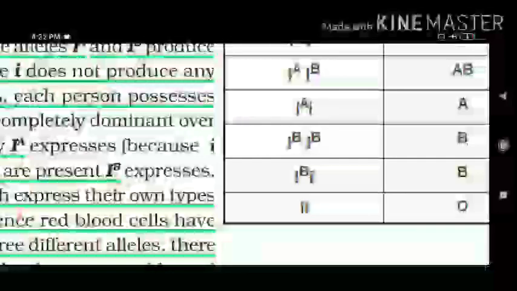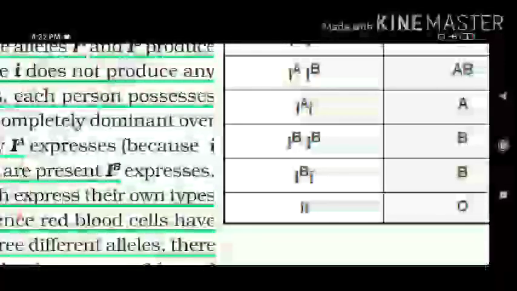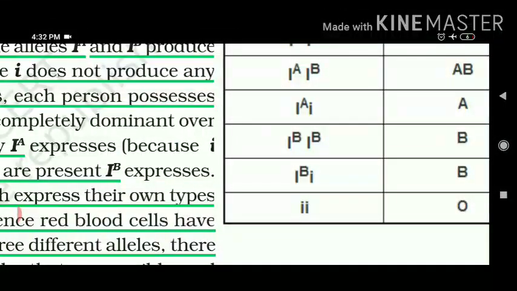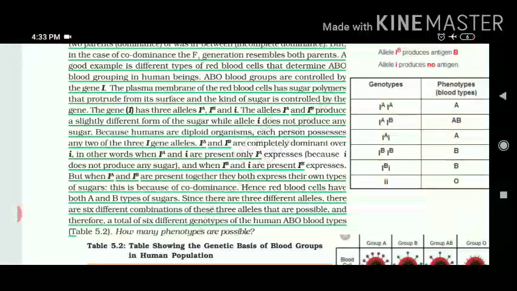If we talk about the different blood groups, these genotypes and the phenotypic nature of the genes are responsible for them. If small i comes along with the dominant capital IB, it shows B blood group. But when small i combines with small i, neither gene is dominant, so they show a separate blood group, that is O.